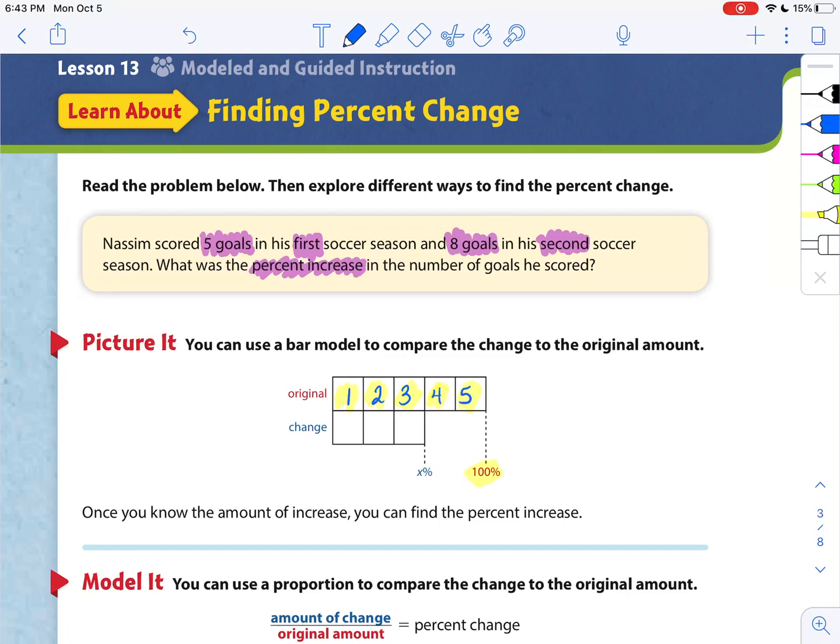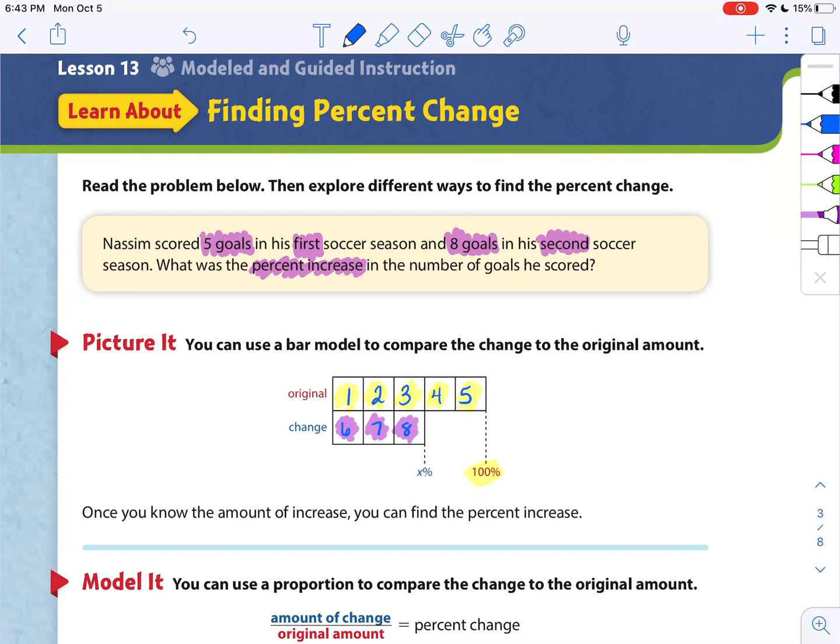Then we know that the change from the first game to the second game was 3 goals, because altogether 6, 7, 8 goals. He had 8 goals the second season. So there was a change of 3 goals.